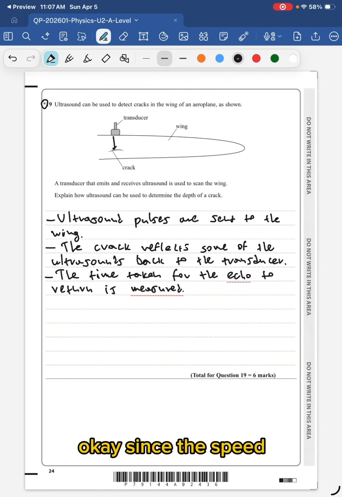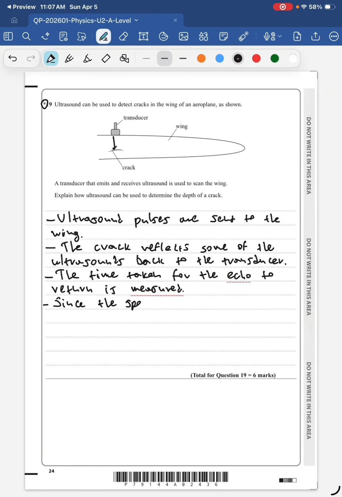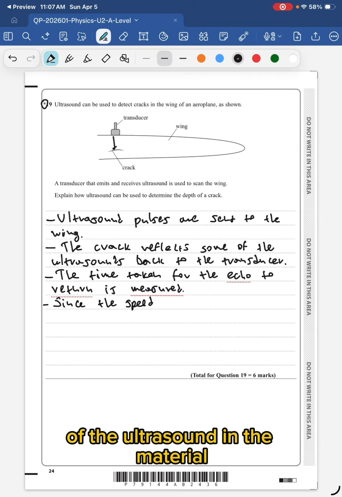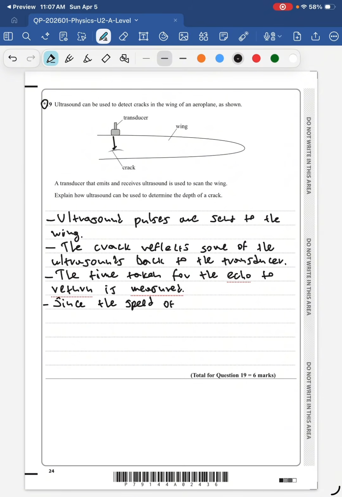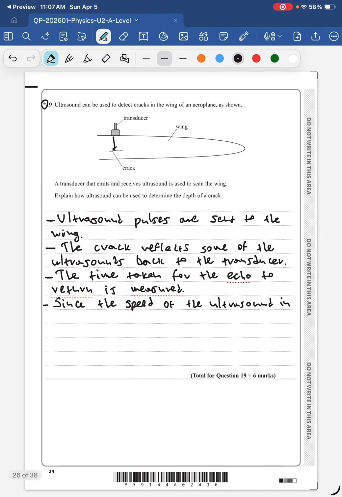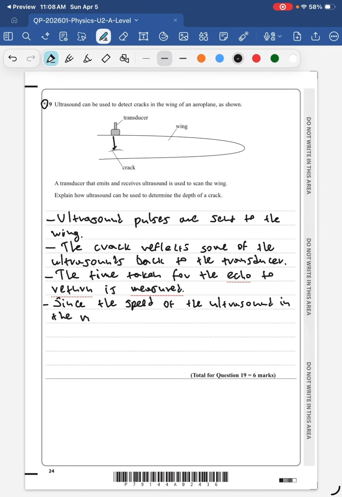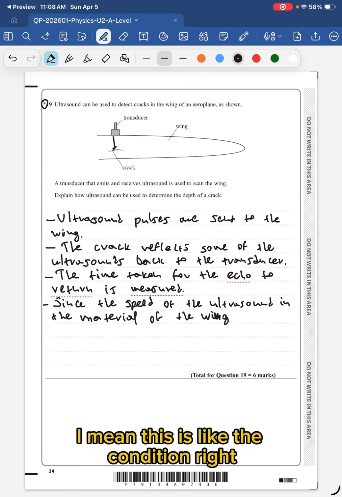Okay, since the speed of the ultrasound in the material of the wing is known, I mean, this is like the condition, right?